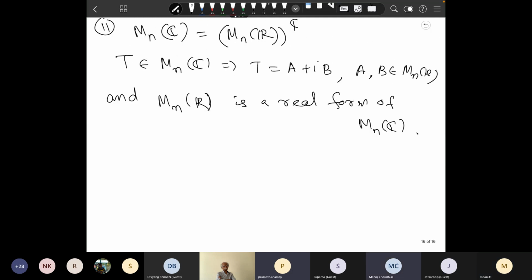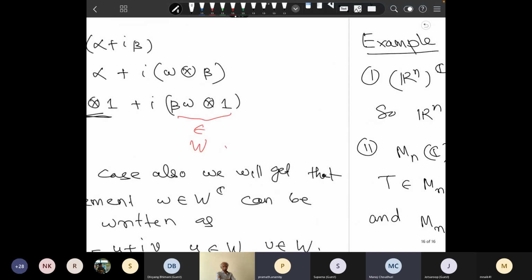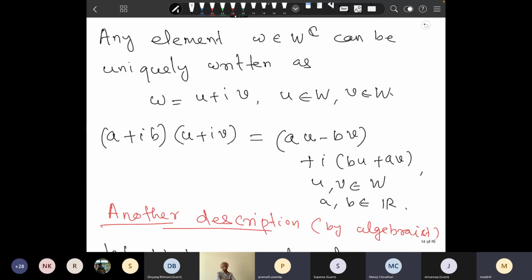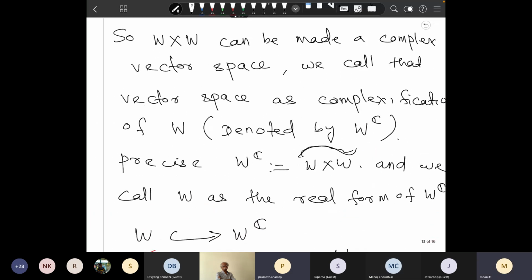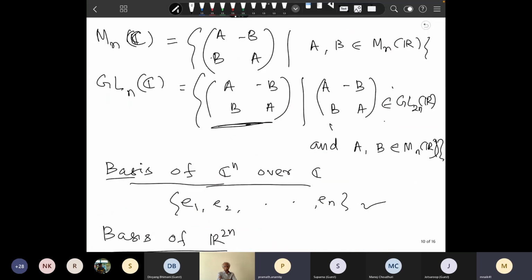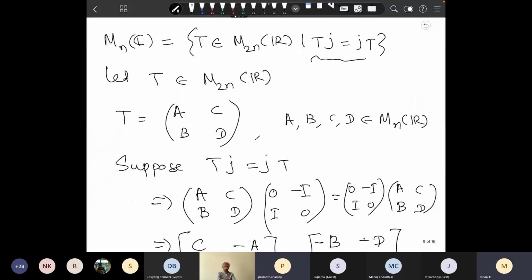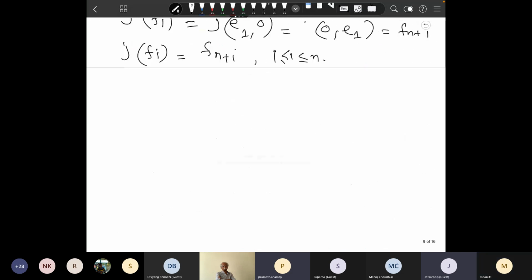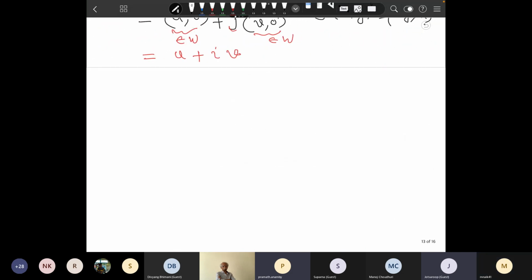We will prove many results. I understood that M_n(C) is the set inside M_2n(R) preserving some symplectic form. That will not exactly be that symplectic form. The question is not entirely correct; I think I mixed two things here.